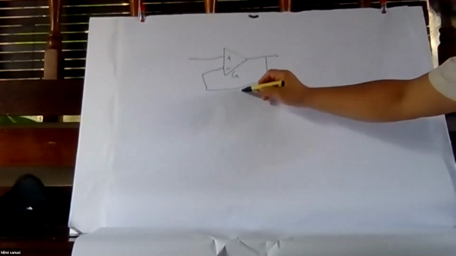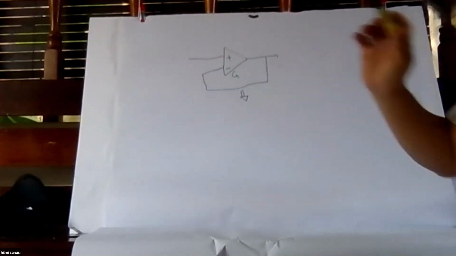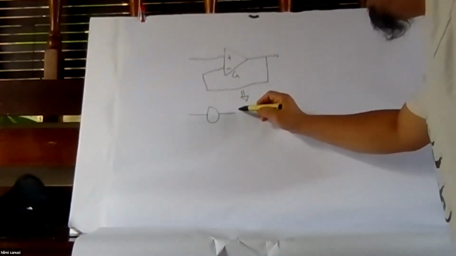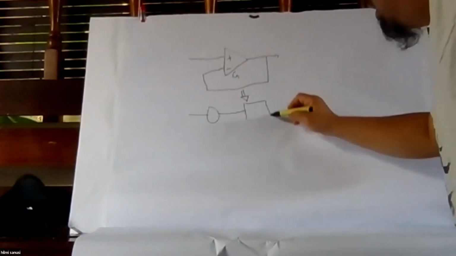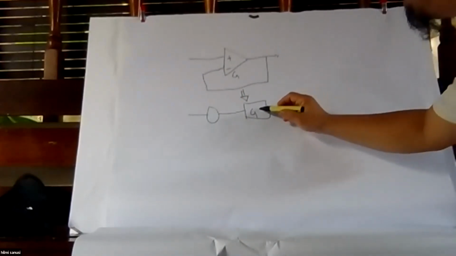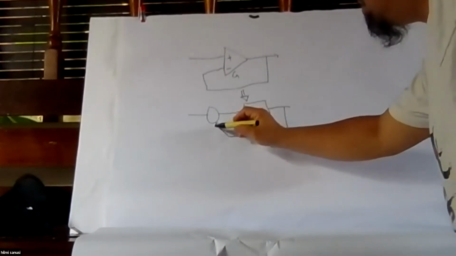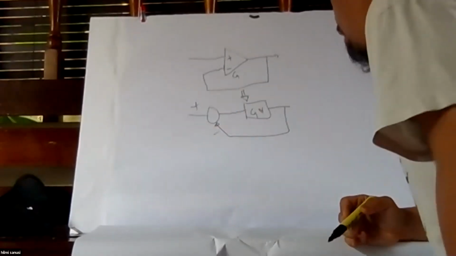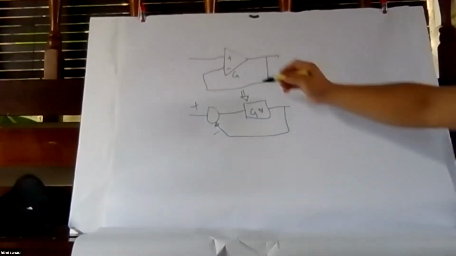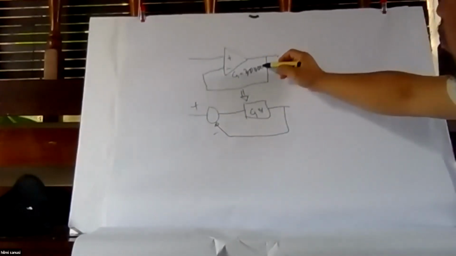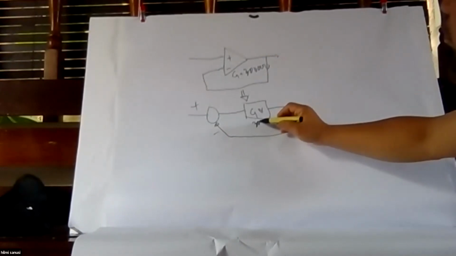So this thing sama juga dengan kalau kita tengok kat dalam control system, this is something like this. This is gain. Unity feedback. Gain kat sini ni contoh open loop gain 300,000. So this is 300,000.